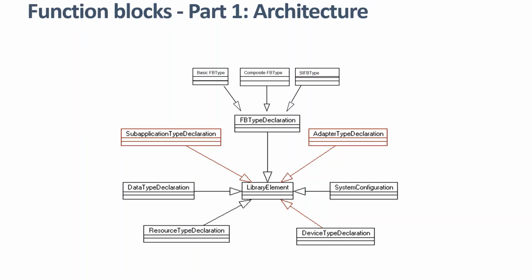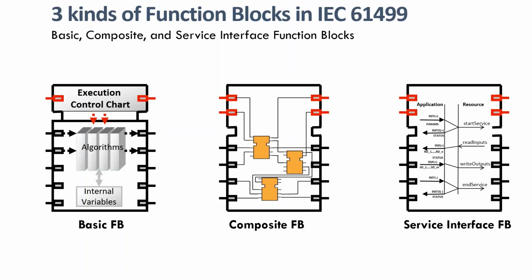There are also auxiliary structures required to build models of distributed systems, such as resource type declaration and device type declaration. In addition, there are structures required to create function blocks or structures of function blocks, which are data type declaration and adapter type declaration. In the remaining part of this class, we will consider these structures in detail.